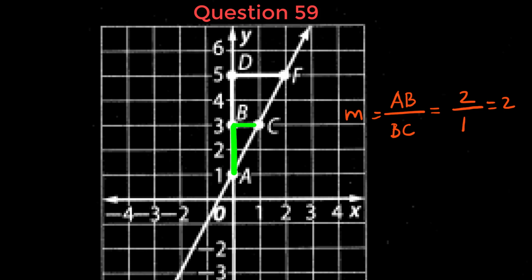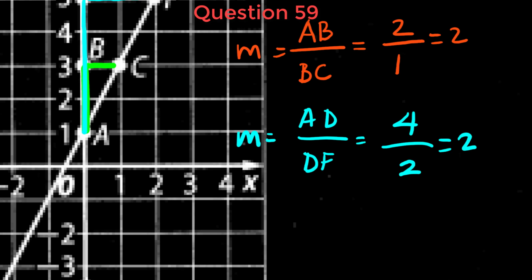If I use the triangle ADF, I need to go from A to point F by moving 4 units up and 2 units right. So the slope is going to be AD over DF, which is going to be 4 units up and 2 units right, and it's going to give me the same slope.